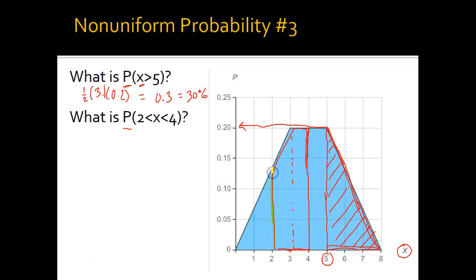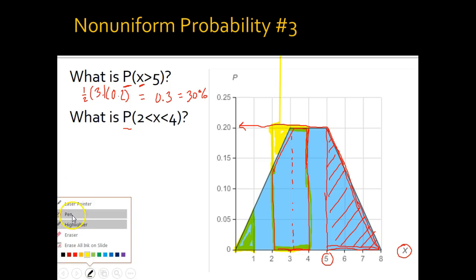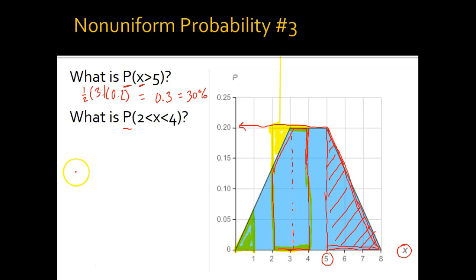I'm going to look at this entire rectangle here, and as I look at that rectangle, I notice that the rectangle is the area I'm looking for, except for this region right here. And that region matches up with this region right here, that triangle right there. So if I can just figure out the area of that triangle and subtract it from the area of the rectangle, I'll be good to go. So that's the method I'm gonna do. You can do any method you like for calculating this area.